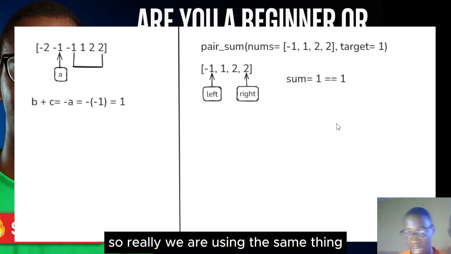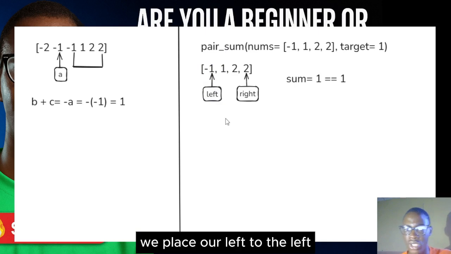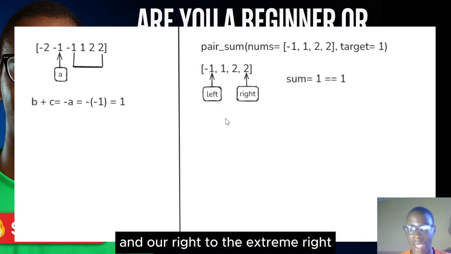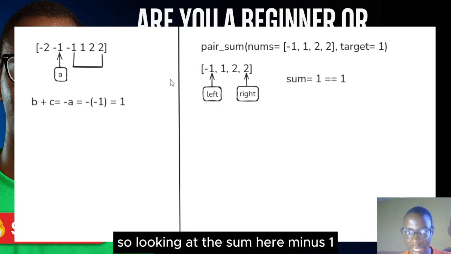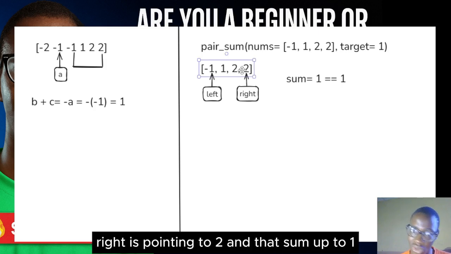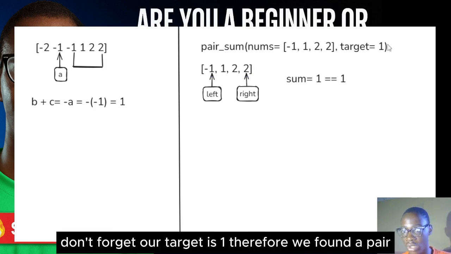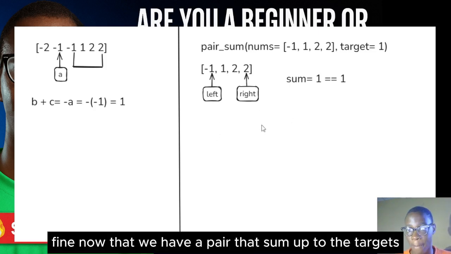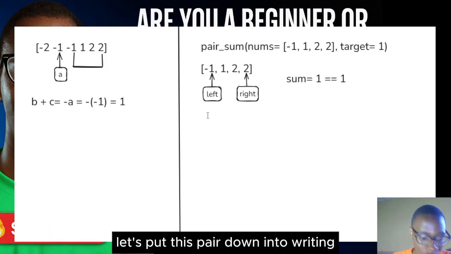So really we are using the same thing. We place our left at the extreme left and our right at the extreme right. So looking at the sum here, left is pointing to -1, right is pointing to 2, and that sums up to 1. And because 1 is equal to 1, don't forget our target is 1, therefore we found a pair. Fine. Now that we have a pair that sums up to the target, let's put this pair down in writing.